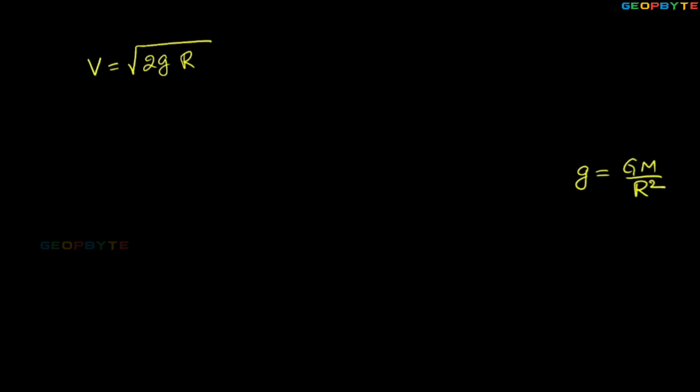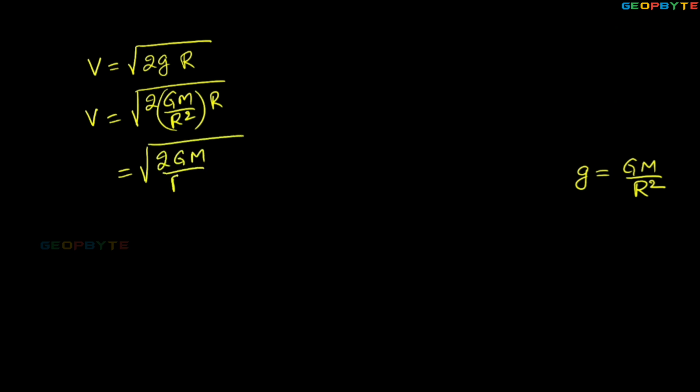For that, as you know, the escape velocity v equals root under 2gR. But what is g in terms of the radius of the Earth? g equals GM by R square. So v equals root over 2 into GM by R square into R. It is equal to root over 2GM by R.